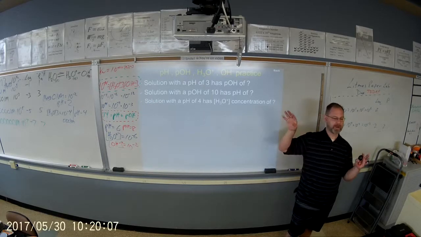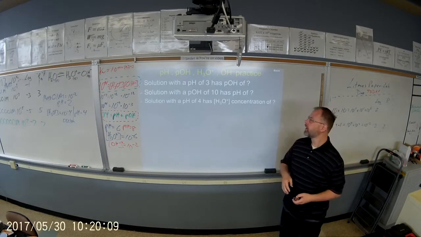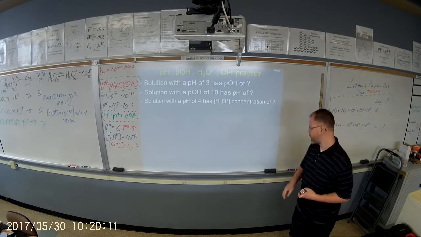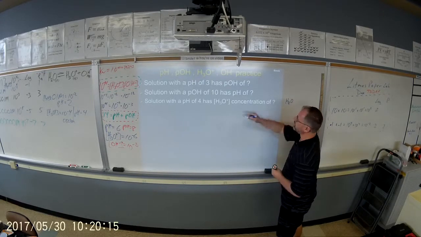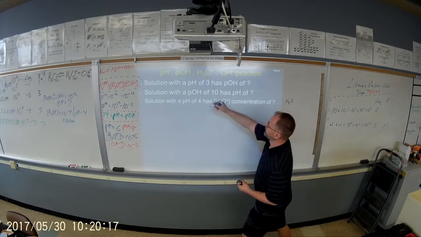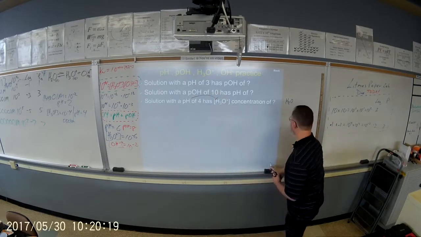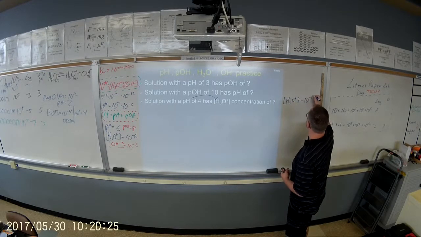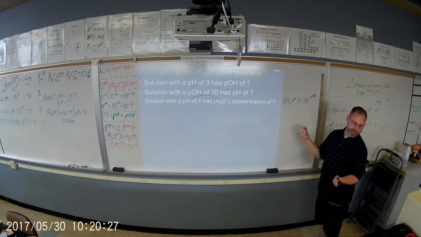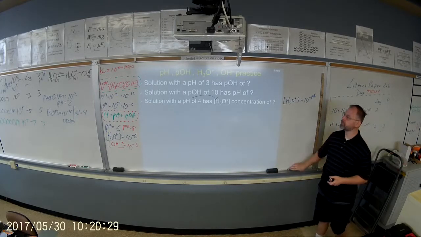Concentrations are always going to be 10 to the negative something. Wouldn't it be 10 to the negative 10? No, because this is the pH and this is the H. Oh, okay. So you can basically think of the H3O concentration like this: H3O concentration is 10 to the negative pH, if you want to think of it that way.